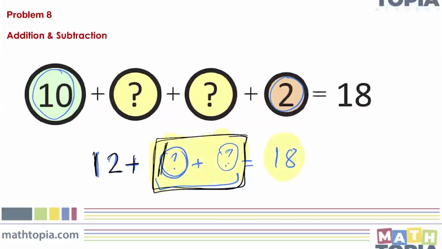What is the difference between 12 and 18? It has 6 in between. 6, that's good. Then therefore these two circles have to be 6. Go ahead, complete the solution, please, Sari. That would mean one circle would be 3 and the other circle would be 3.